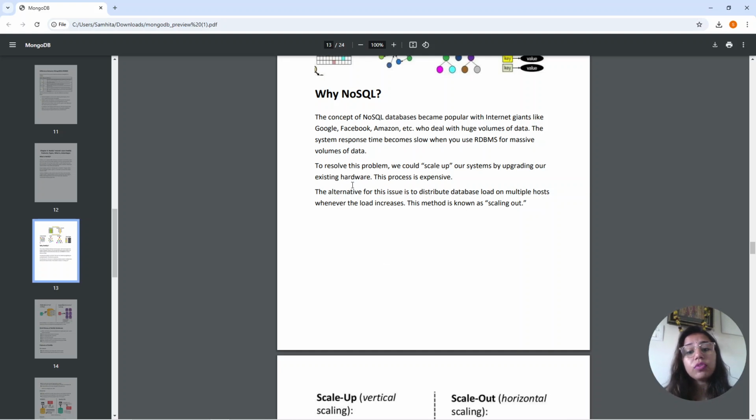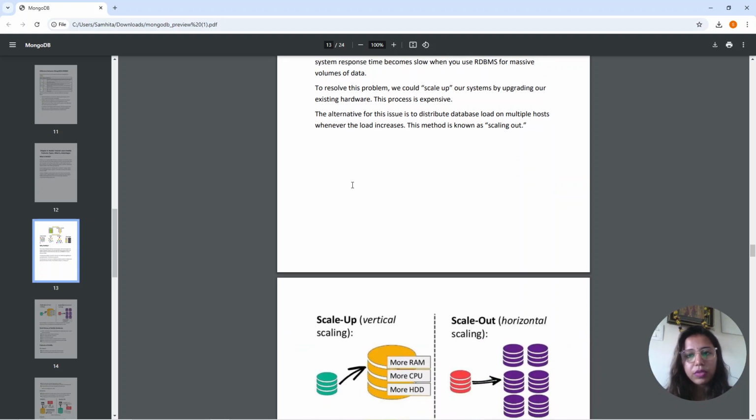We have two ways of scaling how we store data: scale up and scale out. We have more, but basically vertical scaling is scale up, and scale out is horizontal scaling. So what happens in vertical scaling? To store your data, you are building up more and more vertically. You are bringing more RAM, more CPU, more memory.